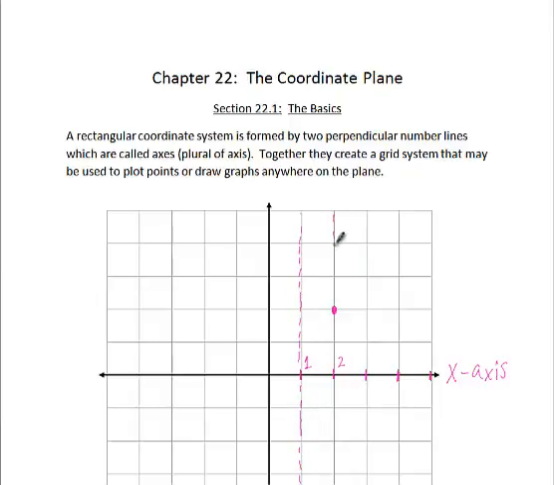Any point along this vertical line would have the x location of x equal 2, which is the x coordinate of this point here. It's positioned directly above x equal 2. And so we have other locations along the x-axis, 3, 4, and 5.